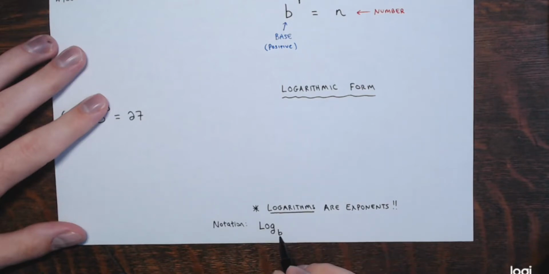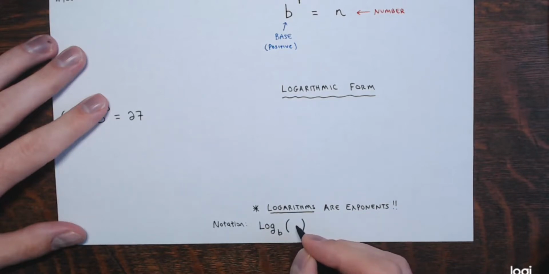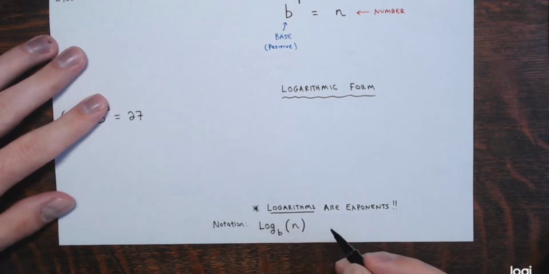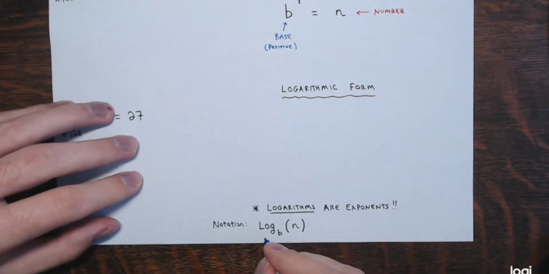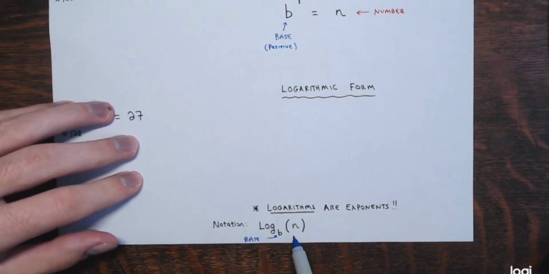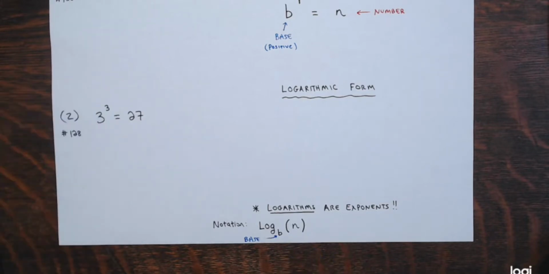This is the base of the logarithm. And then it's like a function where after the name of the function, log base b, you have an input. So say log base b of some number n. So again, this little b here is called the base of the logarithm, and once again it's going to be positive.